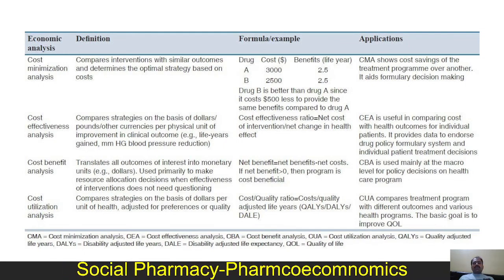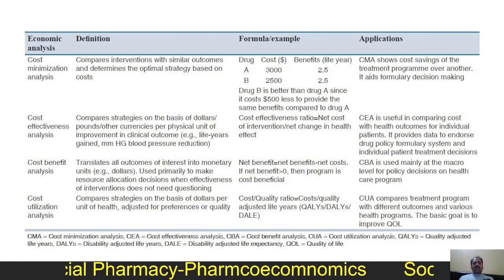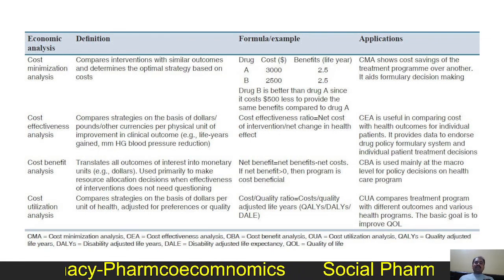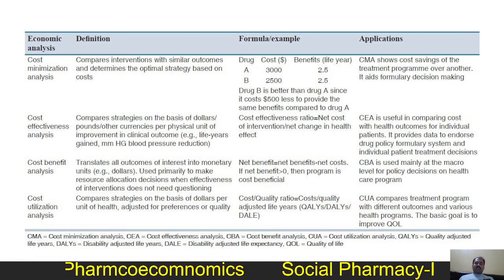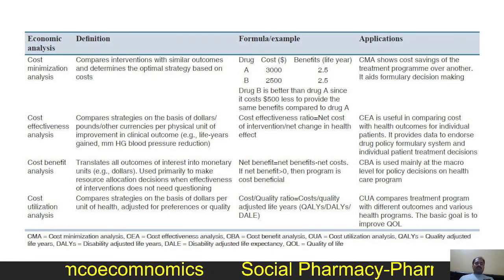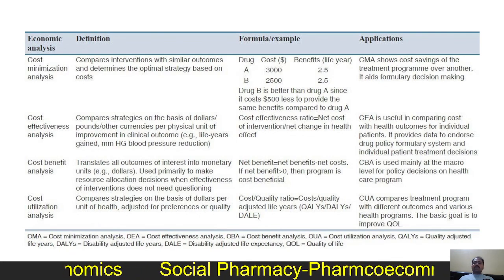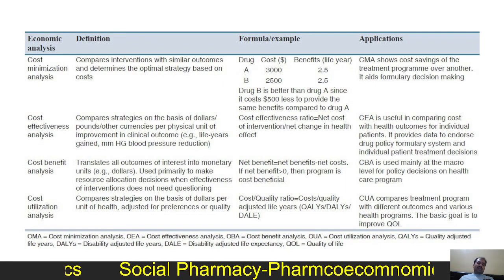The net benefit can be calculated by using the formula: net benefit minus net cost. So if net benefit is greater than 0, then the particular treatment is cost beneficial. It is mainly useful at macro level for policy decisions in the healthcare system.